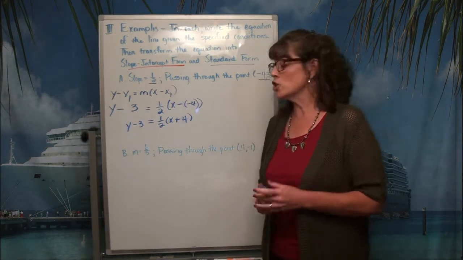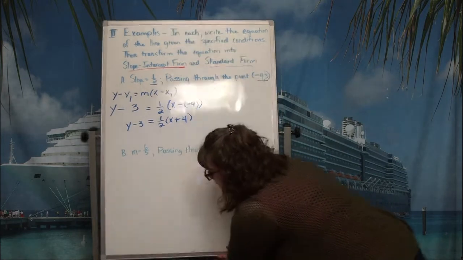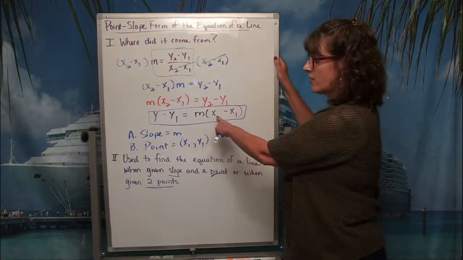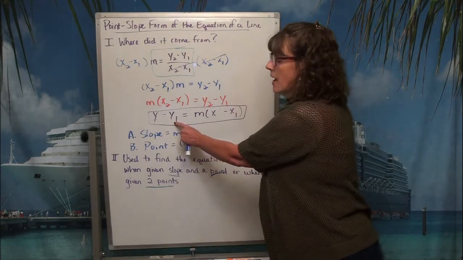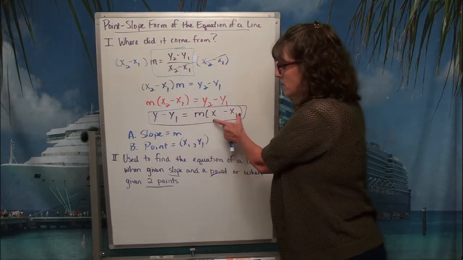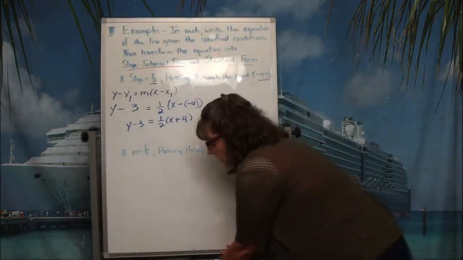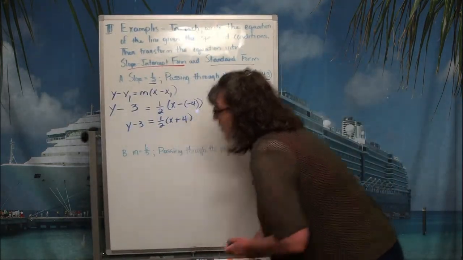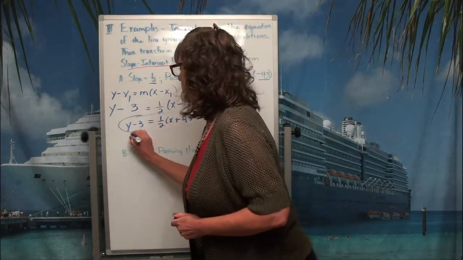What I'm not going to do is distribute that 1/2 through. Because remember, my point slope form looked like this and had a parentheses in it. It had y minus, and then it had slope times with a parentheses. So I'm not going to distribute through and try to get rid of that parentheses. As far as writing the equation of the line goes, I'm done. This is point slope.